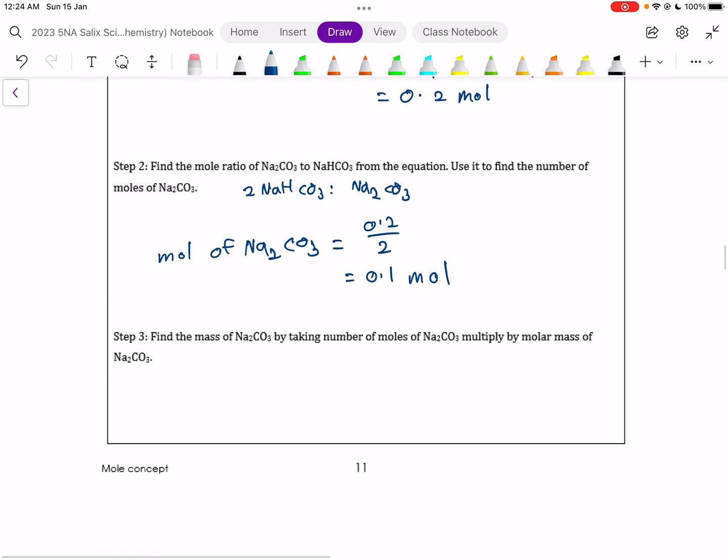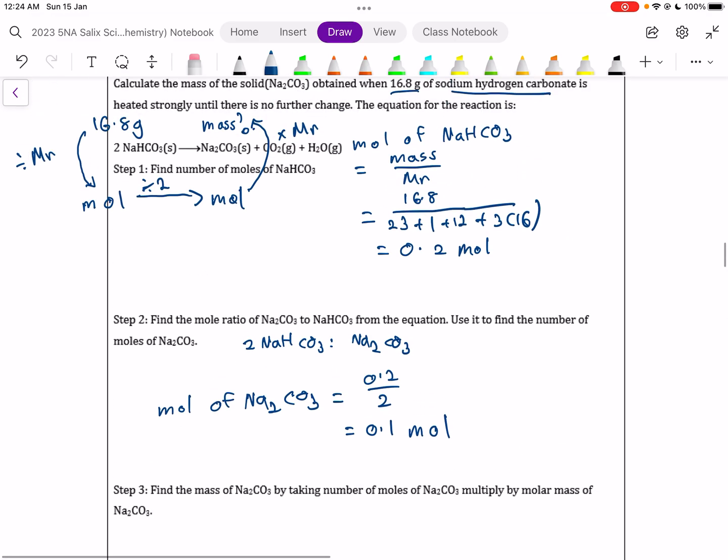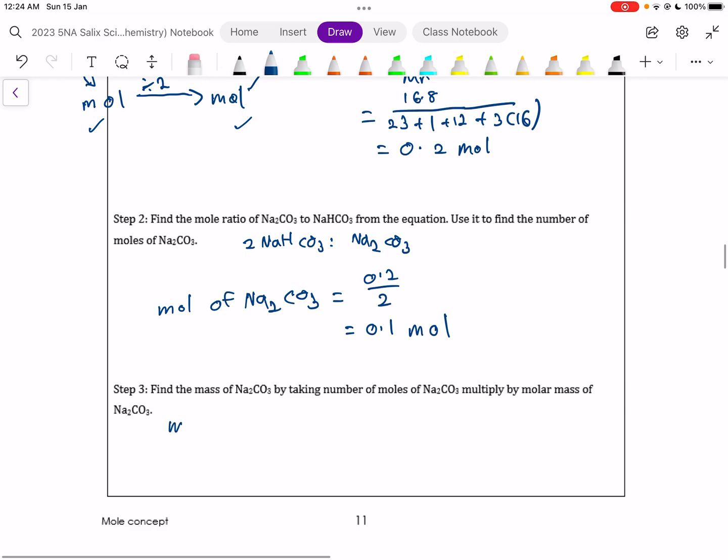And then lastly, you will be able to get the mass of your sodium carbonate by multiplying by the molar mass. Okay, so now you have done this. Next, I can get the mass of my sodium carbonate by taking the mole multiplied by the molar mass.